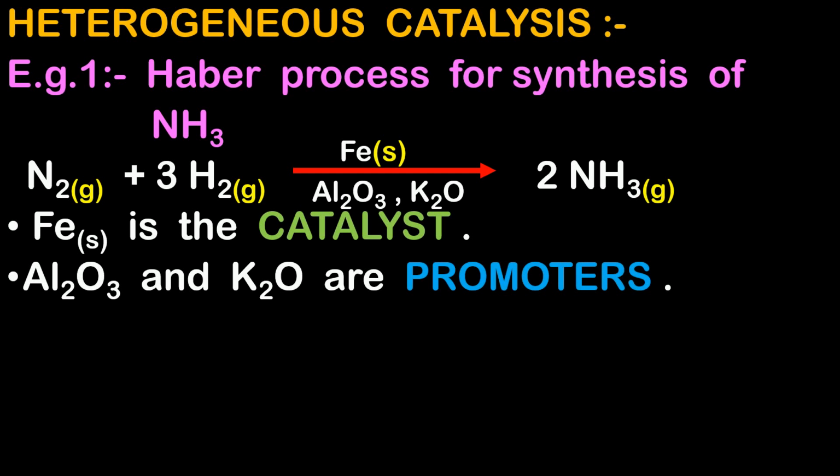So we add Al2O3 and K2O, which help the Fe to increase the rate of the reaction rapidly. Al2O3 and K2O are not catalysts. They are called promoters because they are helping the catalyst. They are the helpers of the catalyst, and therefore they are called promoters.